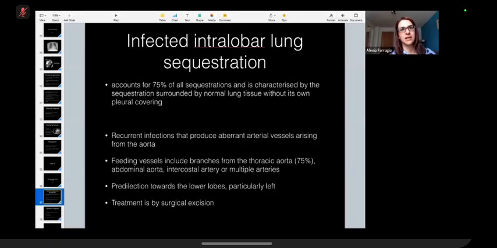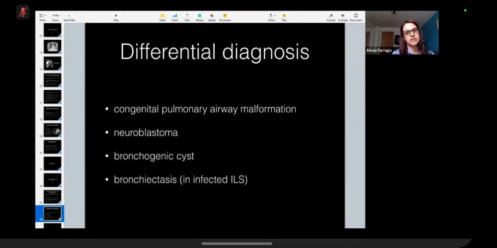The differential diagnosis includes congenital pulmonary airway malformations, formerly known as CCAMs, and you can have a hybrid lesion between the two. So you can have a hybrid lesion, sequestration and CPAM. Can be quite difficult to distinguish at times.